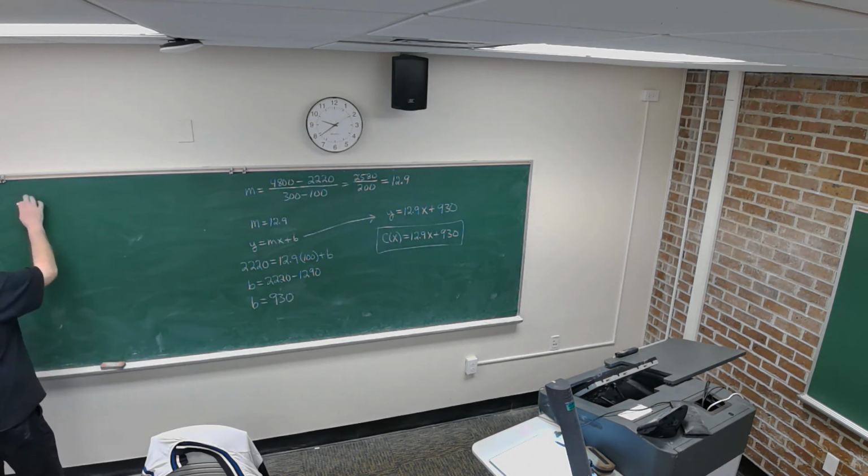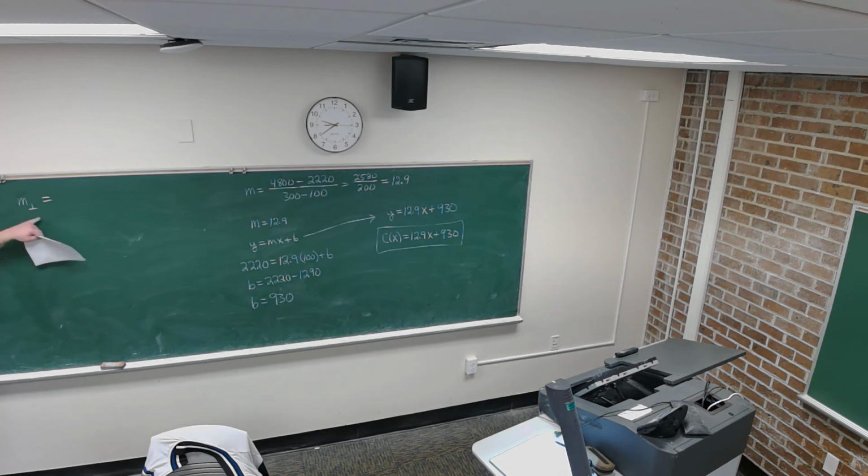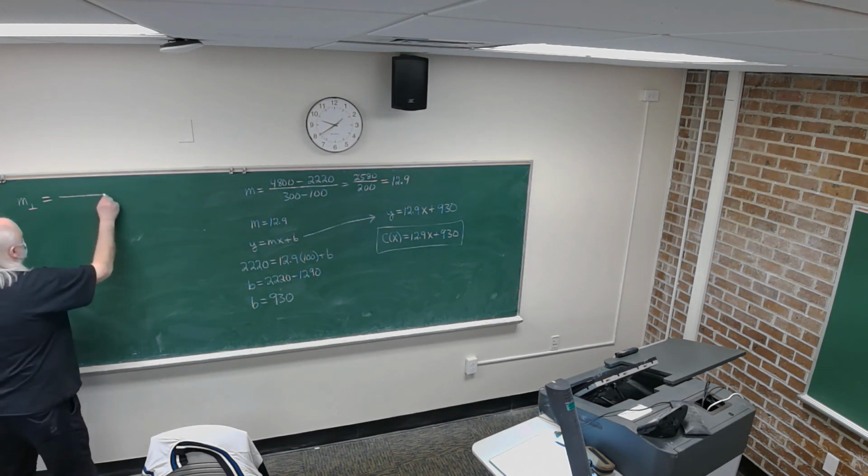All right. So the slope of the given line, which I'm putting this little perpendicular symbol down there, okay, is equal to, remember the slope of the given line passes through the points (4, -5) and (-3, 1). So the slope of the given line is change in y over change in x, right? Rise over run.